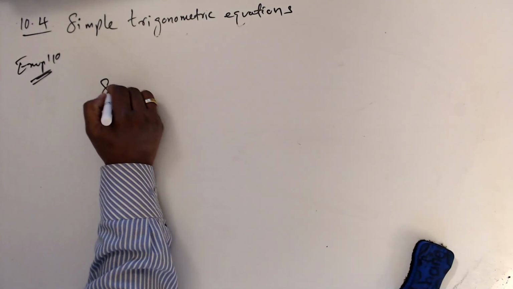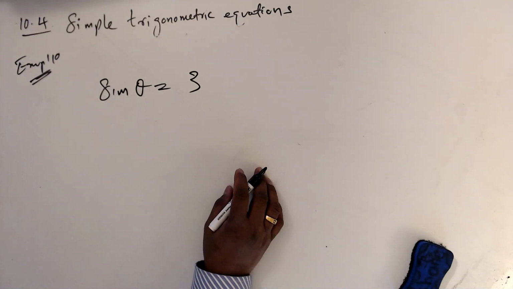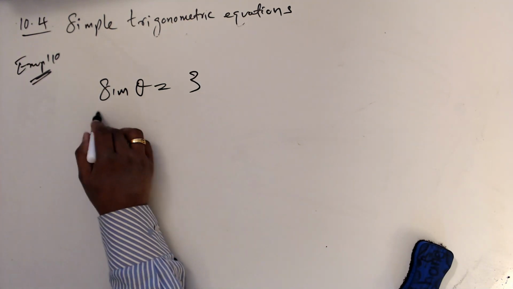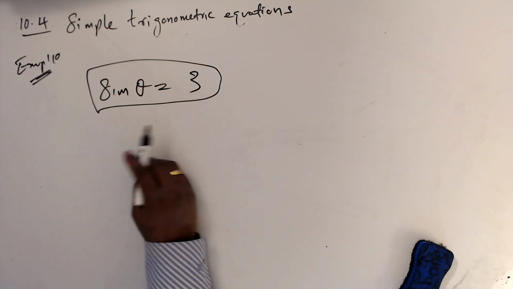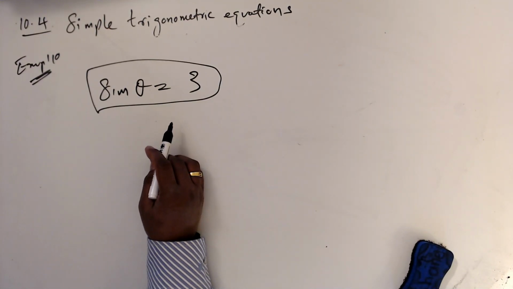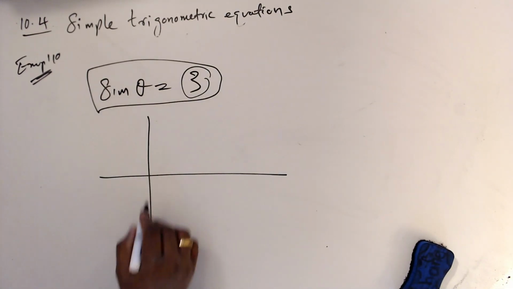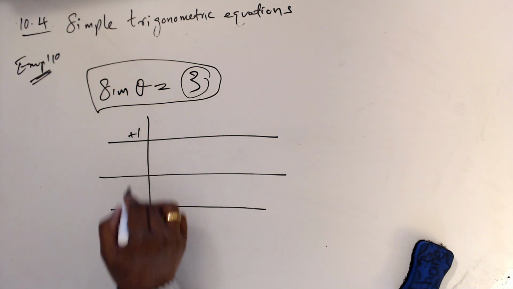Now, can you solve this one? Sine theta equals 3. There's a problem here. You can't solve it because this is not realistic. You should have a sense of whether an equation is a good one or not. Because this figure is wrong. Sine value always moves between plus 1 and minus 1.